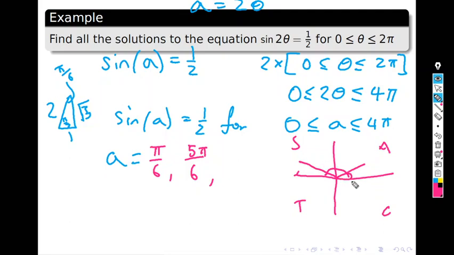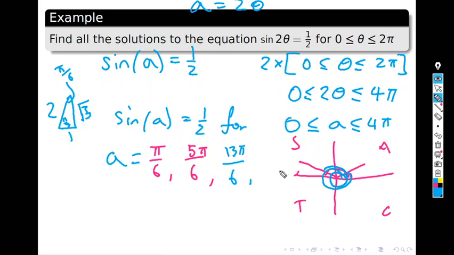But we're not done. So we're now looking in our expanded domain from 0 to 4 pi. So there are more things that fit the bill. If we go all the way around and then to here, that would be allowed as well. So that'd be 2 pi plus pi on 6. 2 pi in terms of pi on 6 would be 12 pi on 6, so we're talking 13 pi on 6.